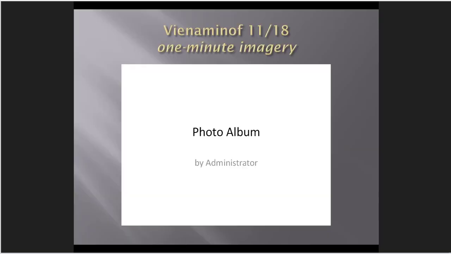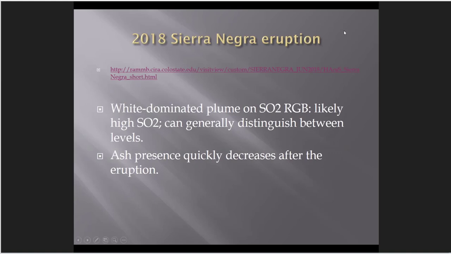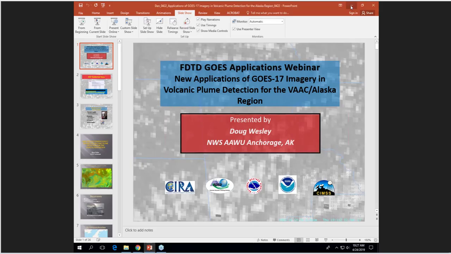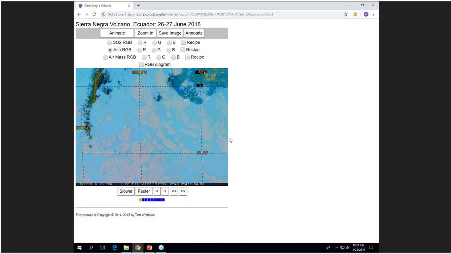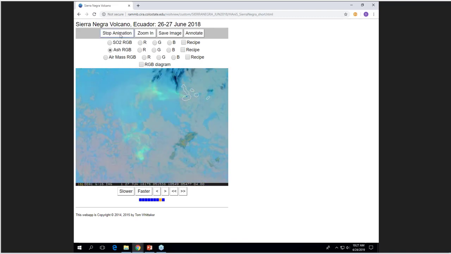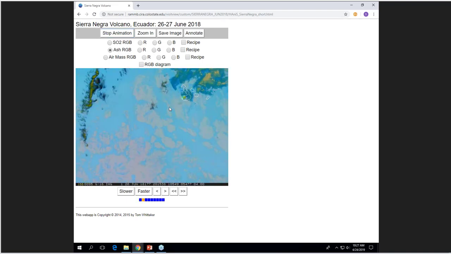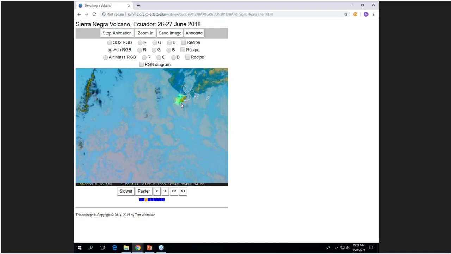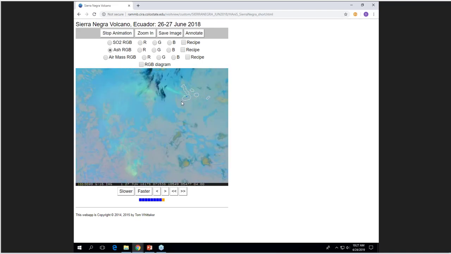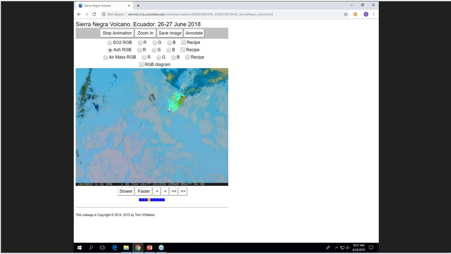And let's see, I think I have this one. The CSU folks gave me this imagery of a volcano west of South America that erupted. This is Sierra Negra volcano back in 2018. So this is GOES-15 imagery, I believe, and the ash RGB shows it quickly.